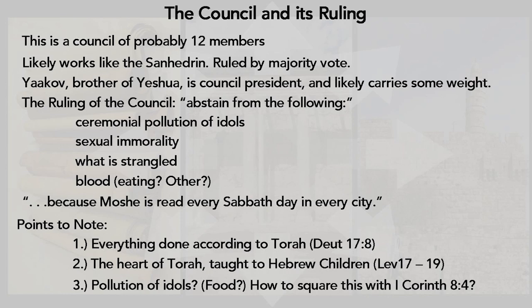We've mentioned this before. How many of you have read through the book of Leviticus? That's a tough read. Did you know that in Hebrew school for Jewish children, that is the very first book they read? Now you might find that a little odd. I certainly did.